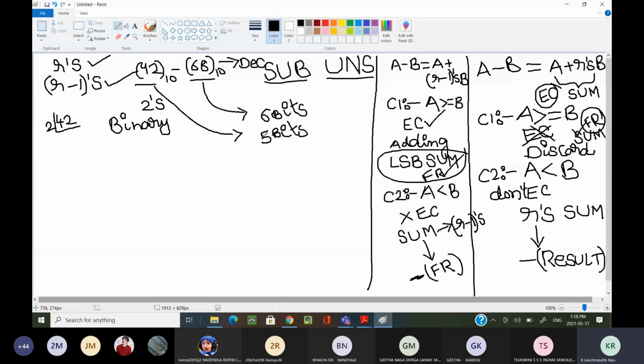For this, the number which does not contain sufficient bits, we need to pad zeros in front of the binary number, that is, at the leftmost position of the binary number. Remaining everything is the same.